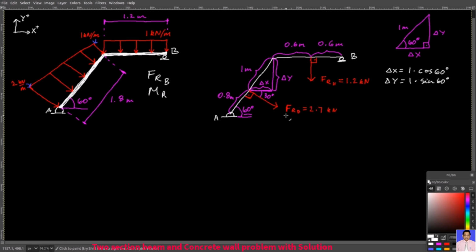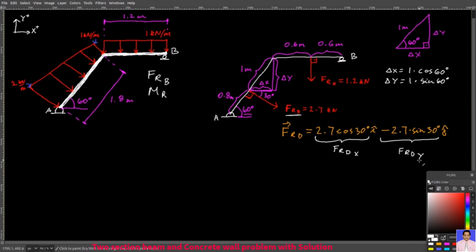Then I can also take this FRD vector and decompose it into its x and y components. So FRD vector equals 2.7 times cosine 30 degrees times i minus 2.7 times sine 30 degrees times j. You can see that according to our convention here, it has a positive x component and a negative y component. So let me just say that this is FRDX and this is FRDY.